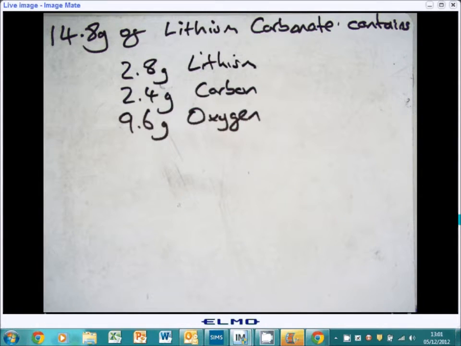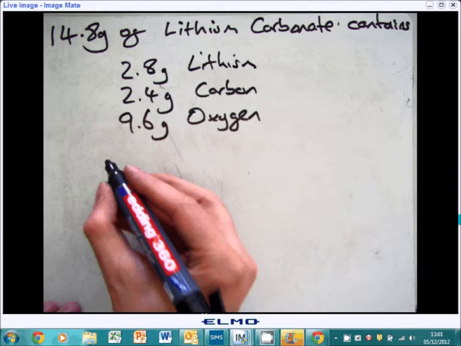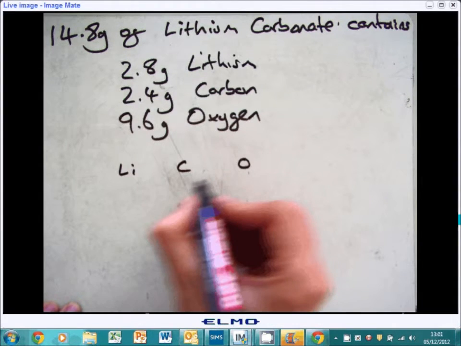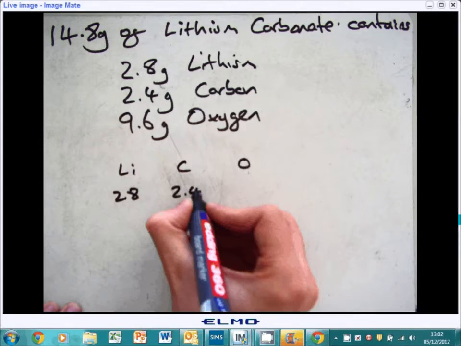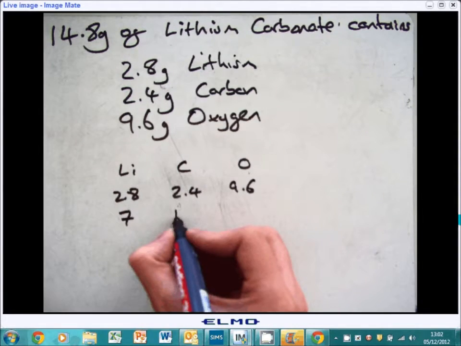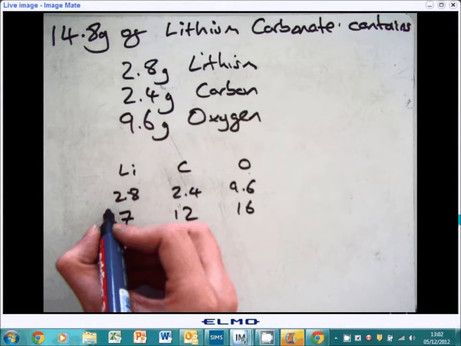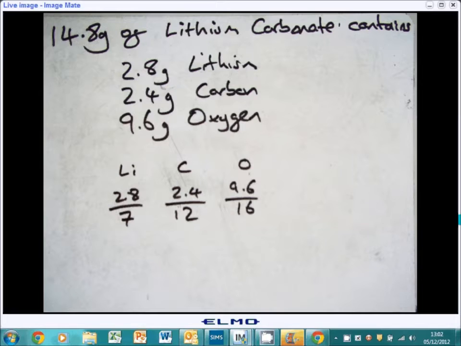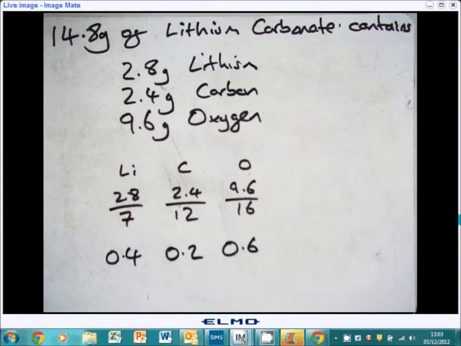The next thing you do is exactly the same as you did before. Start off by writing down the masses. Then put down the relative atomic masses and divide them, which will give you step 3 and your ratios, which give you a ratio of 0.4, 0.2 and 0.6.